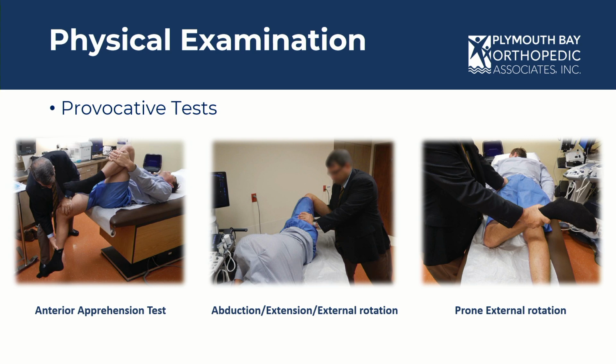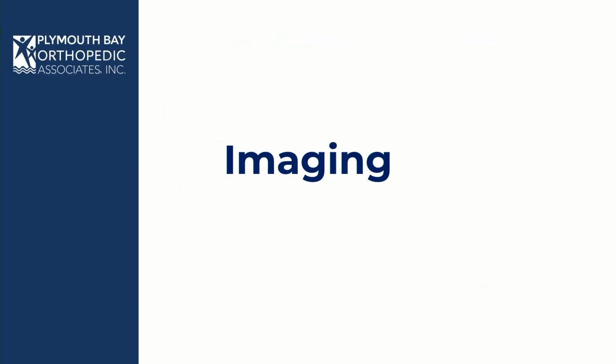And with these three tests, Dr. Stefan from Stanford has done a study. If all three of these are positive, then there's a 95% predictability that there's evidence of instability intraoperatively.